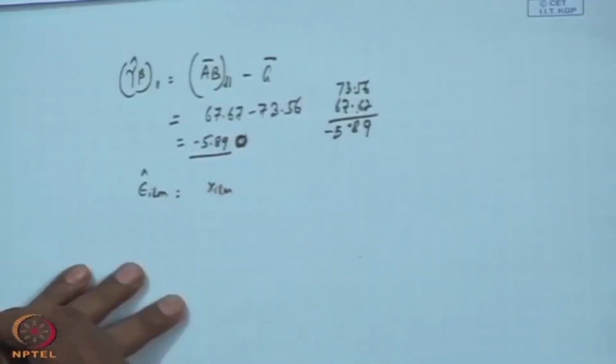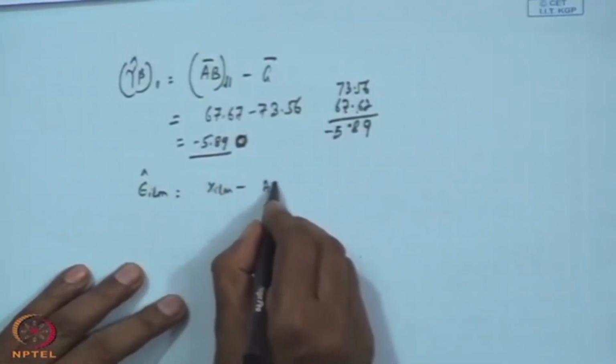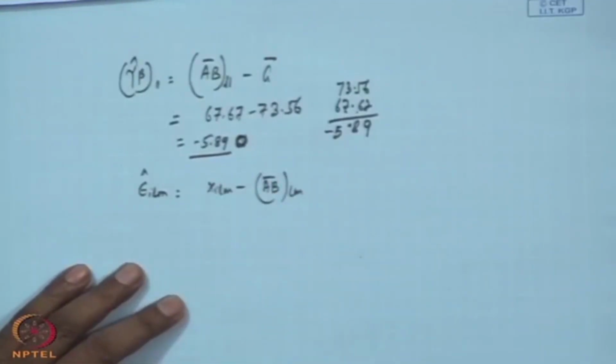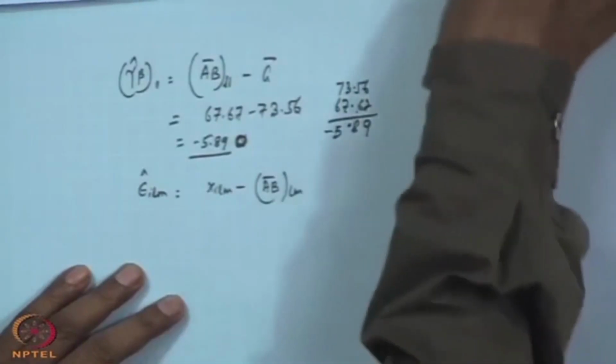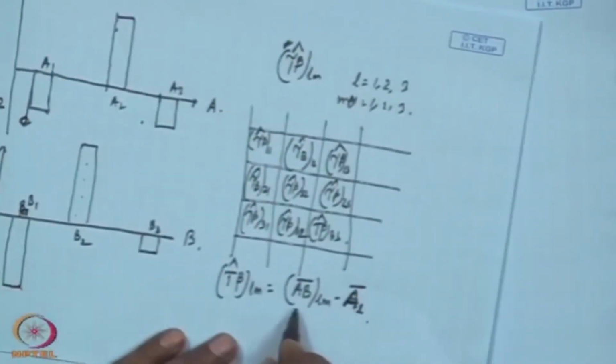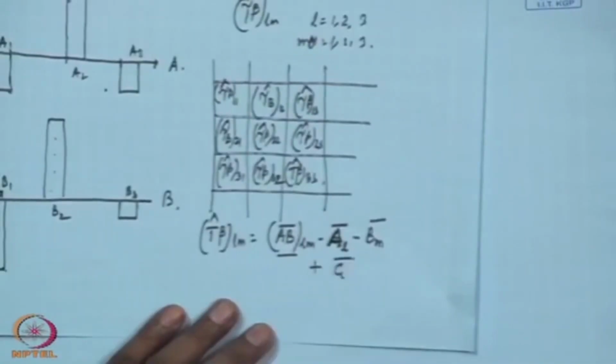X ILM, correct, minus AB bar LM. And in this case, the tau beta LM formula, I think, is AB bar LM minus A bar L minus B bar M plus G bar.